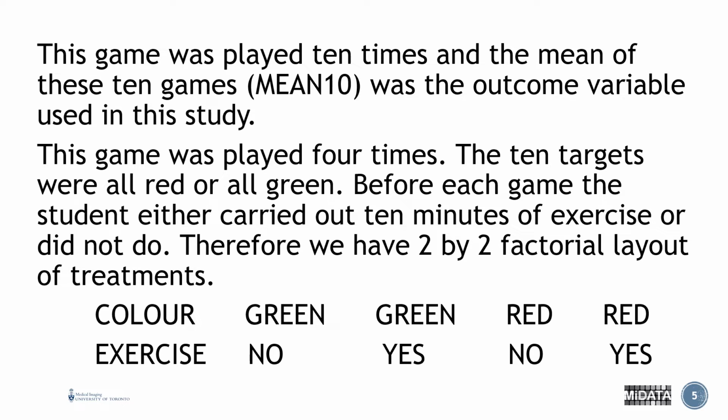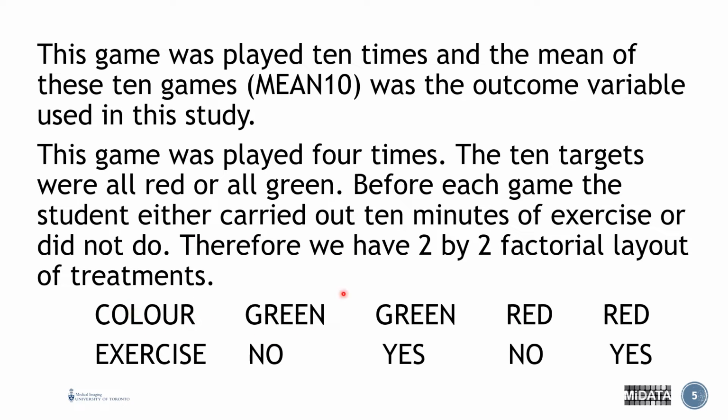Now, this game was played 4 times. The 10 targets were all red or all green. Before each game, the student either carried out 10 minutes of exercise or they did not. Therefore, we have a 2x2 factorial layout of treatments, and you can see this here with your two rows, color and exercise.